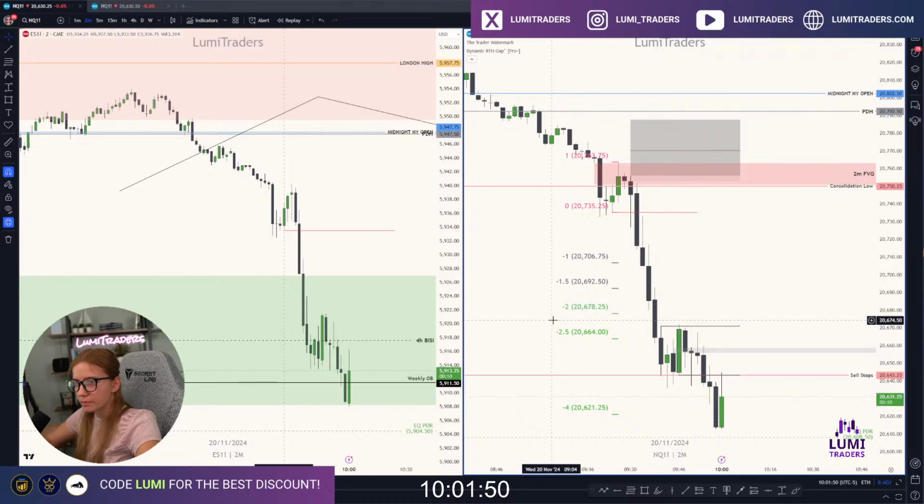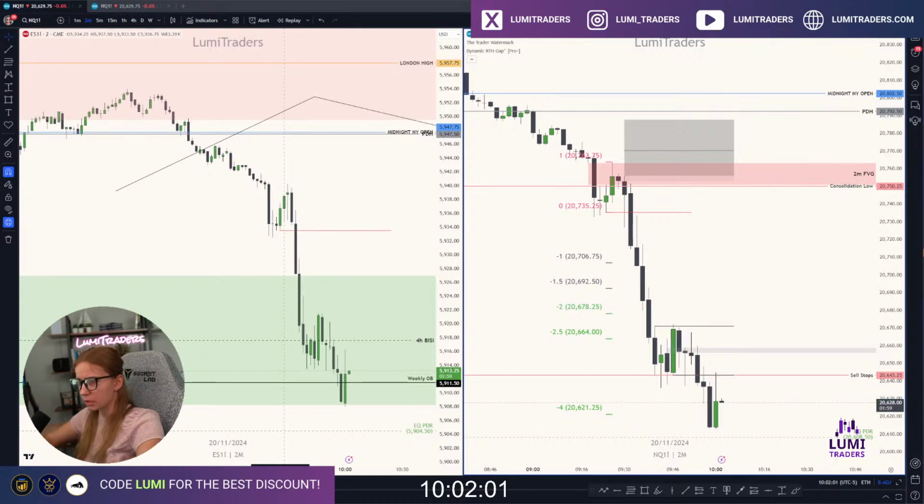Let's see. I'm about to start liking it. I'm going to stay on the 2 minute chart and keep my eyes on the 1 minute chart for placement. But confirmation is going to be on the 2 minute chart.